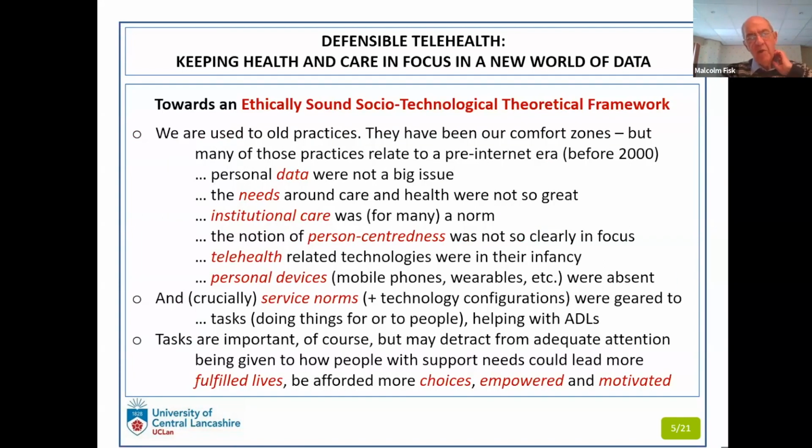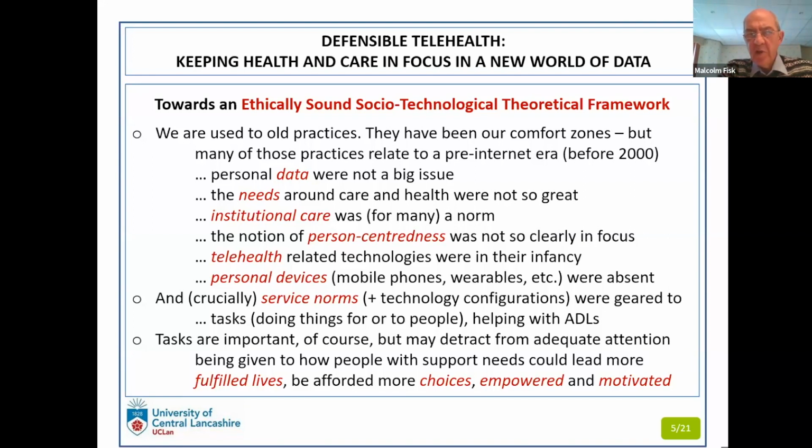Right, so what I'm going to be talking about is the progress I'm making in my work towards a socio-technological theoretical framework. Sorry, it's a bit of a mouthful, but the point is that we are being shaken out of our comfort zones, and it really all started around the turn of the millennium with the introduction of the internet and services accessed in different kinds of ways.